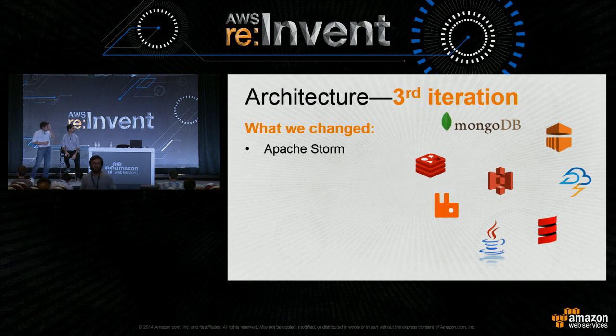So what did it change? Well, we started using different technologies that, at the moment, seemed the obvious solution for what we needed at the time. We started using Apache Storm for real-time processing. At the moment, it wasn't called Apache Storm, it was just Storm.